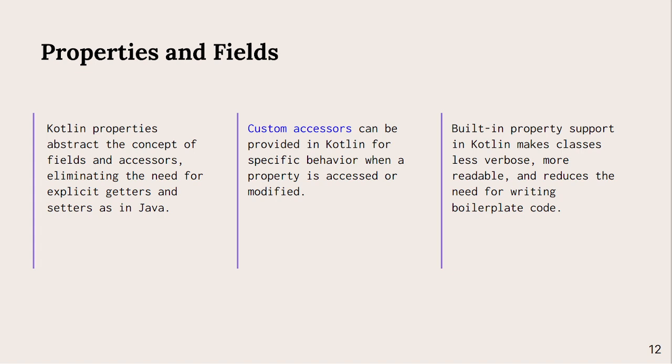Here the accessors could be a getter for val, or a getter and setter for a var data member. So it's a concept that we call property. That means there is a memory storage and the associated accessors for getting the value or setting the value.